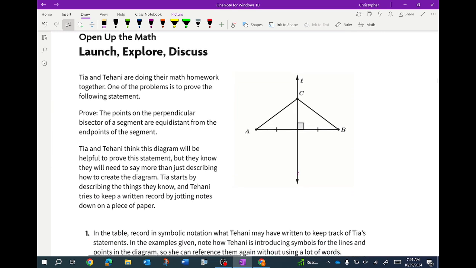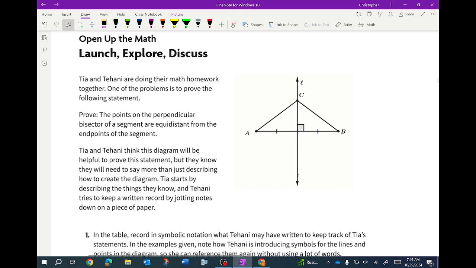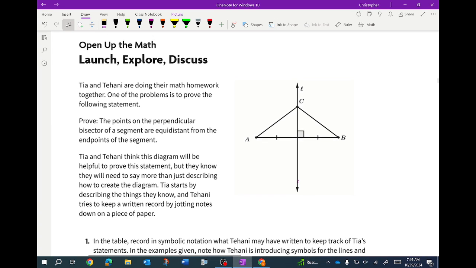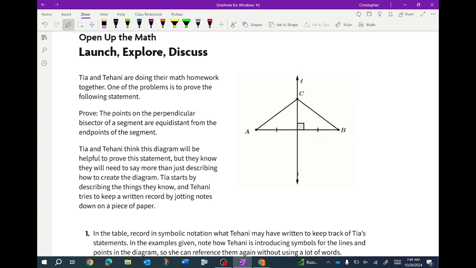Next, we have this figure here again, and we have Tia and Tahani, and what they're trying to prove is that this point C on our perpendicular bisector is equidistant from A and B. In other words, ultimately we're trying to prove that these two segments are equal.